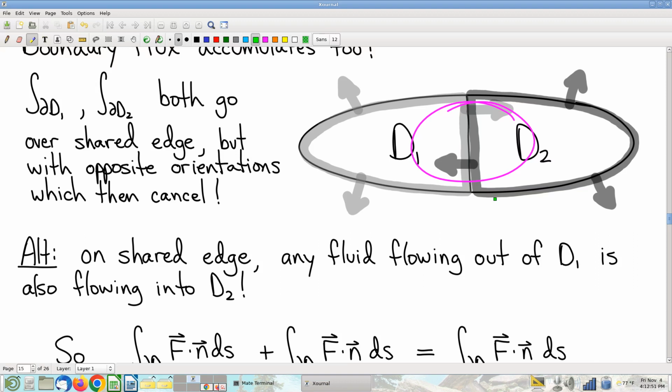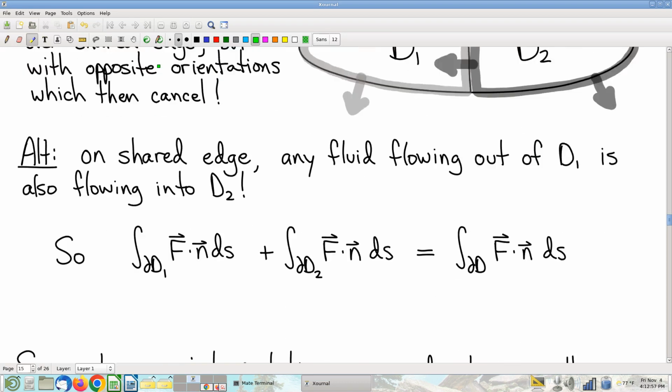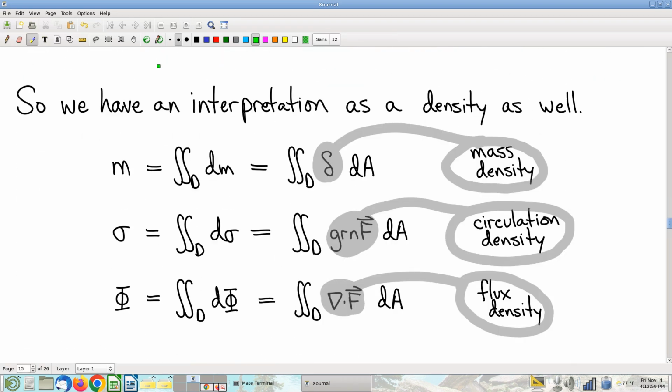So, once you realize that boundary flux is an accumulating quantity, we can treat it like any other calculation that we do in terms of densities. Mass, because it's an accumulating quantity, is not just defined on a whole. Mass is defined locally.